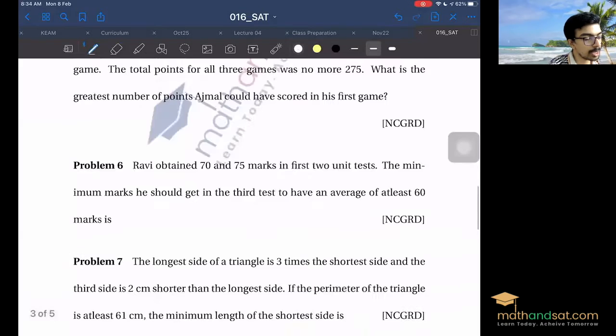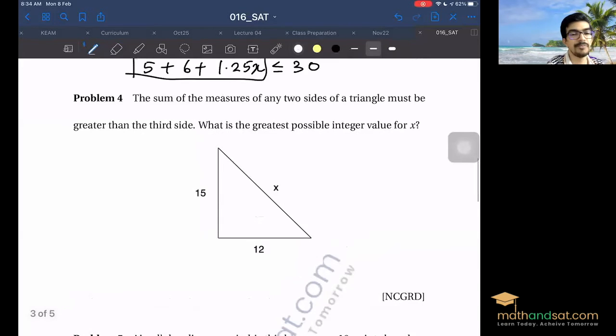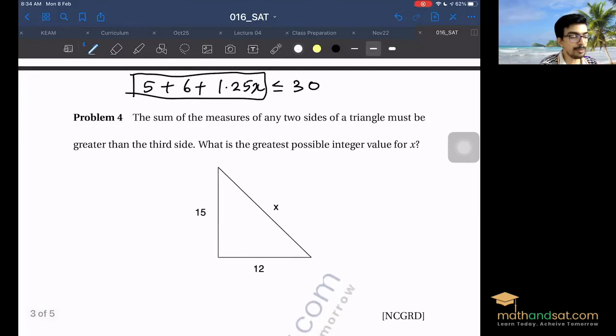Now, of course, in this triangle, we have 15, 12, and x given. So let's apply the triangle inequality because they talk about the greatest possible value of x. Suppose I call this A, this B, this C. If you apply the triangle inequality, what do you get?